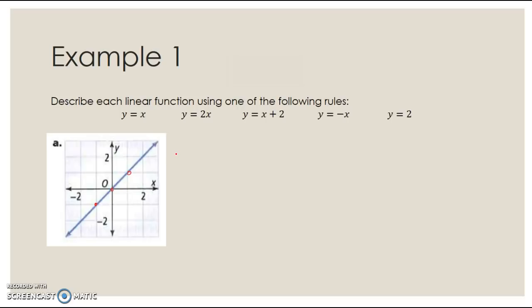Or I can graph each equation and match the graphs, or I can make a table and match the graphs. So we could make a table of each of these equations and then match them to our graphs. The book says there's only those two methods, but I believe there's a third method.